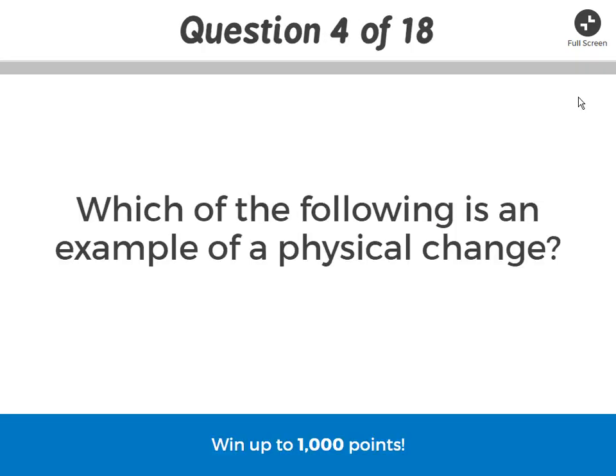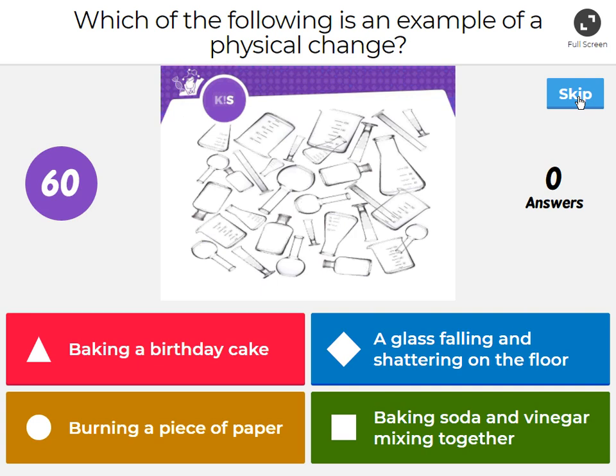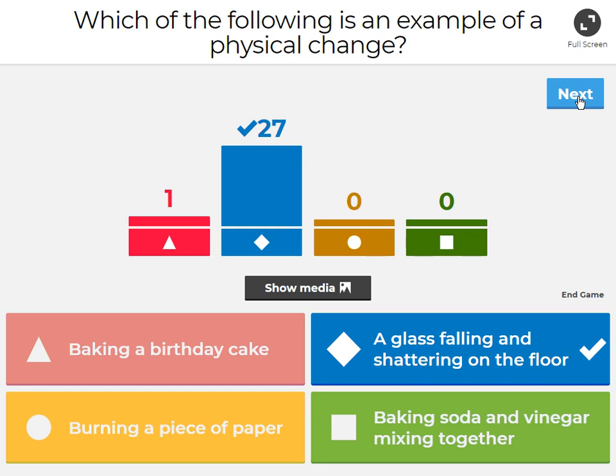All right. Which of the following is an example of a physical change? Somebody hit next, please.